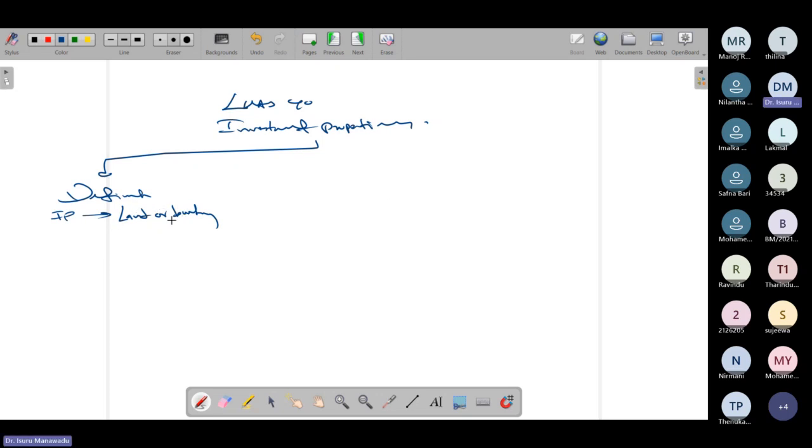If there is a motor vehicle given on rent, is that an IP? No, as per the definition. It should be land or building, or part of a building, kept for renting purpose or capital appreciation.